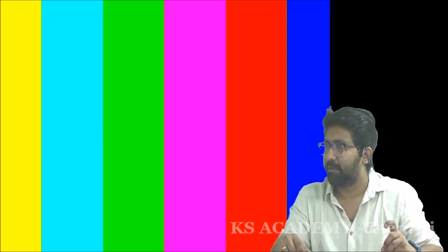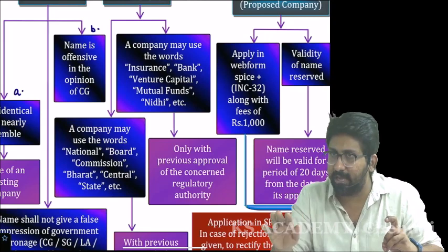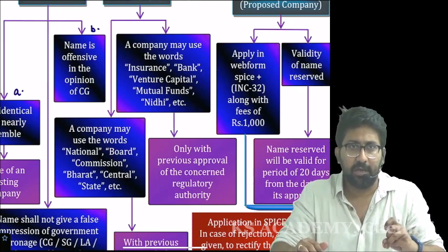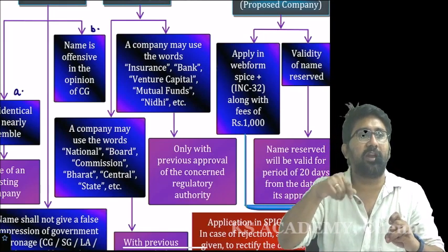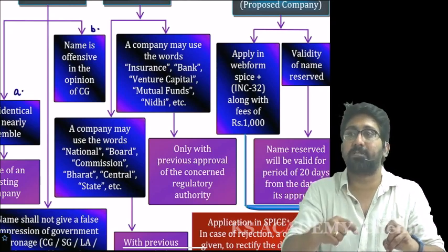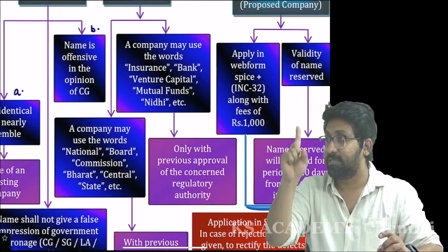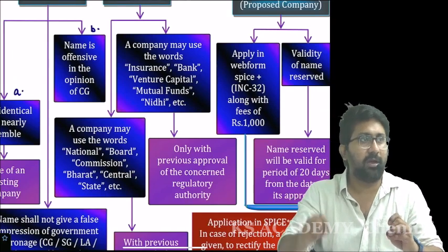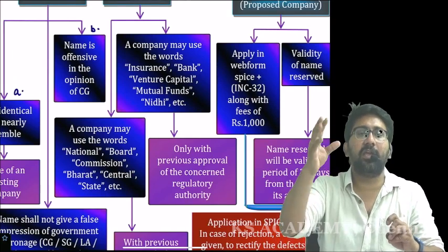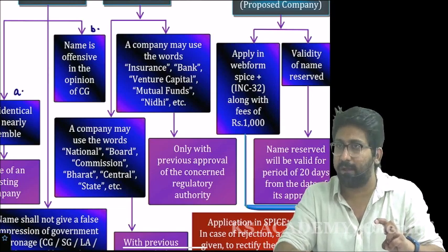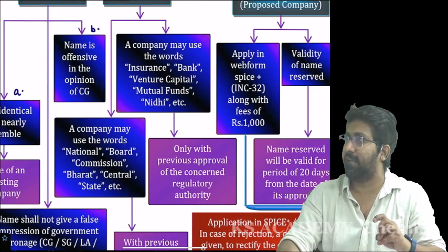Next, the name should not be offensive. Next, the name should not be likely to create a false impression of government patronage. Government means what? Central government, state government, local authority, any body constituted or controlled by central government or state government.